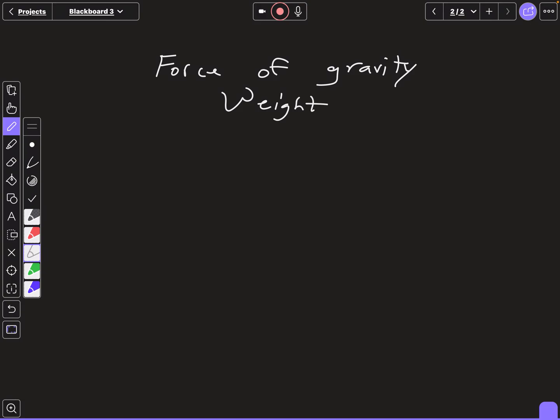And we had an equation that allowed us to calculate that. It's Fg, which is weight, equals mass multiplied by this g value, which is acceleration due to gravity.